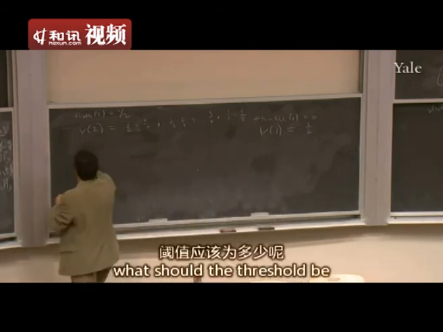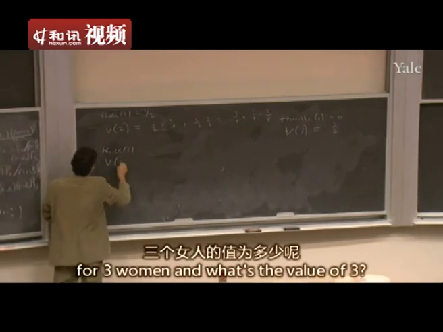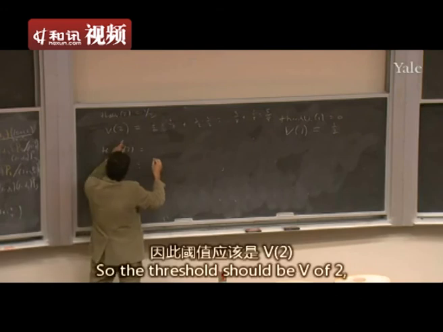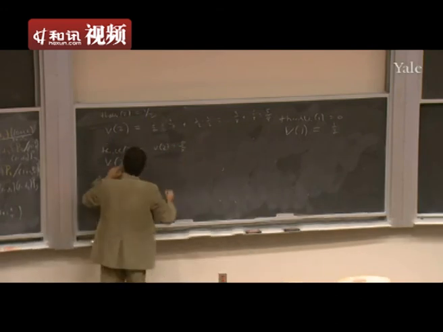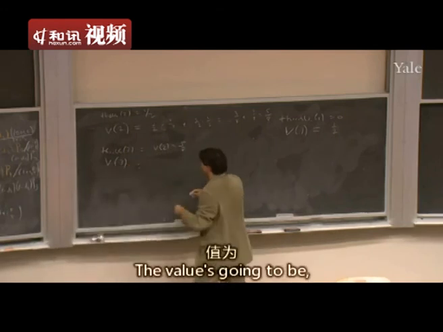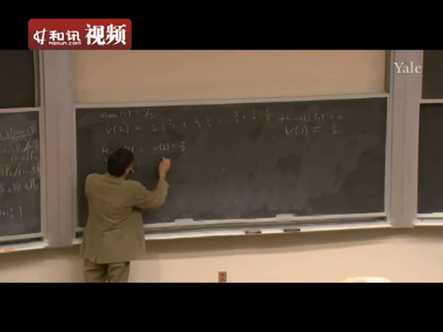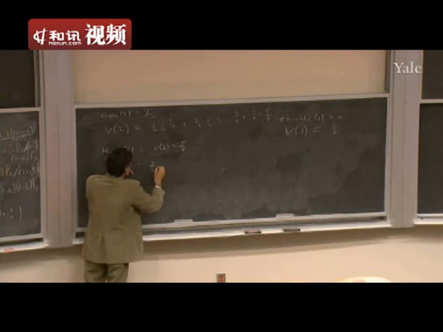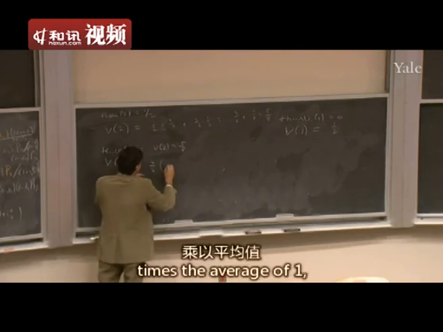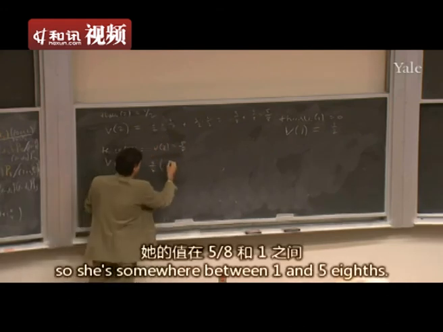Now what if there are 3 women? What should the threshold be for 3 women, and what's the value of 3? The threshold should be V of 2, which is 5/8. And what's the value? What's the chance that you take the one you just meet? Well, the odds that she's above 5/8 is 3/8. So it's 3/8 times the average of 1 and 5/8, since she's somewhere between 1 and 5/8.